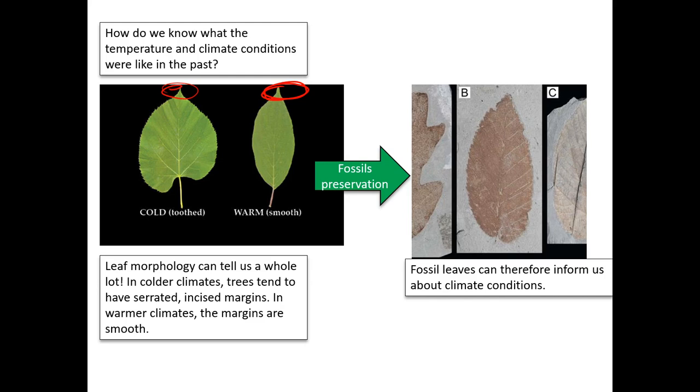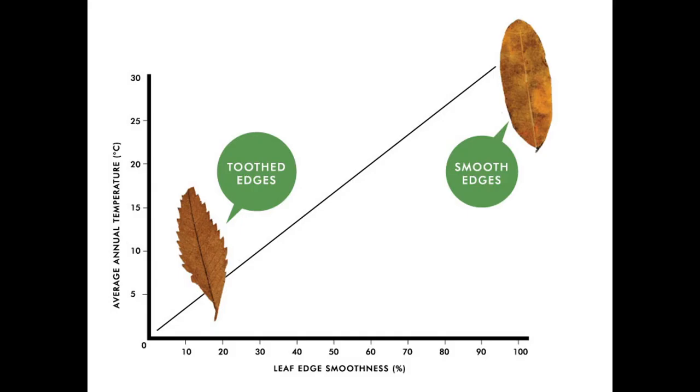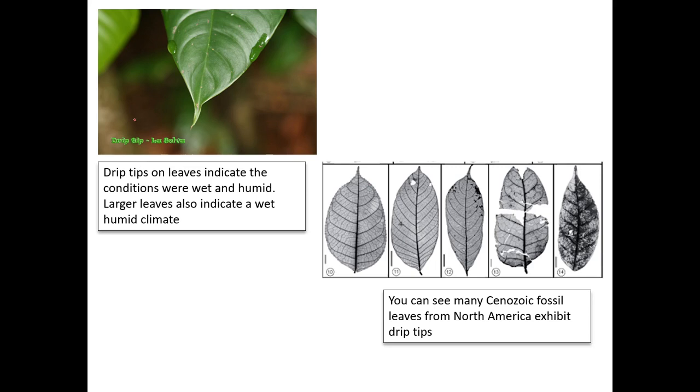So the colder it is, the more toothy the tree leaves appear; the warmer it is, the smoother, okay? These drip tips indicate the level of humidity.